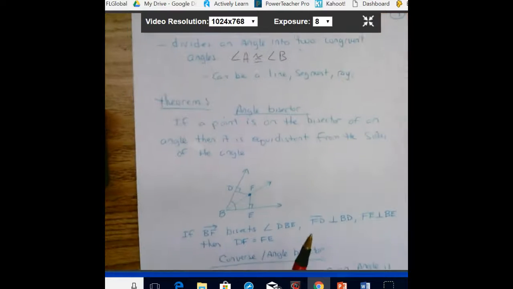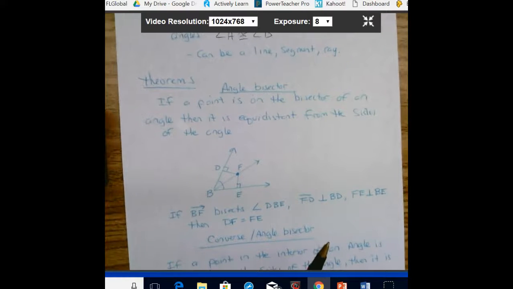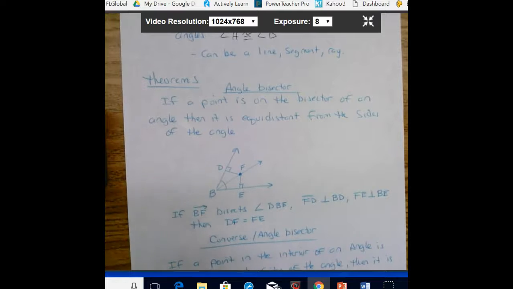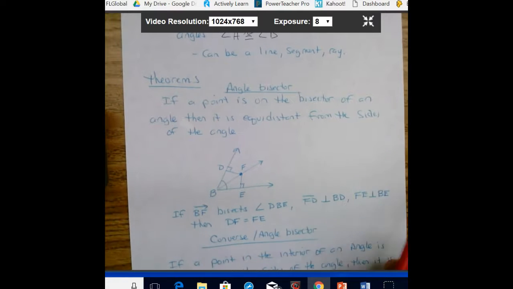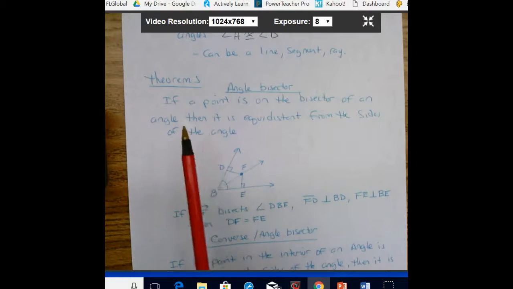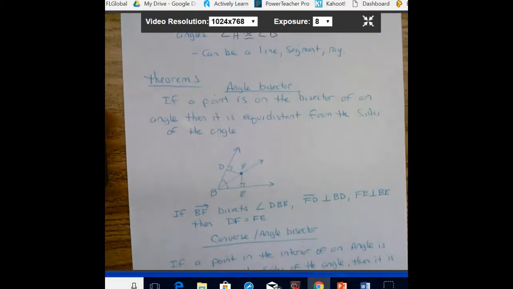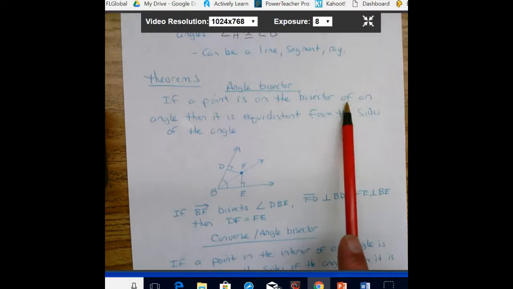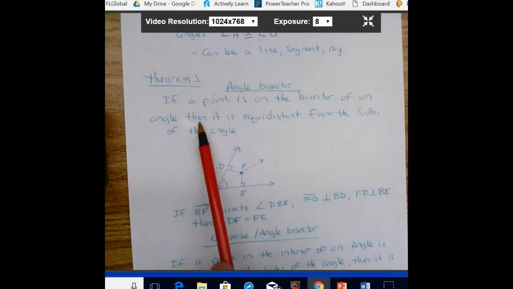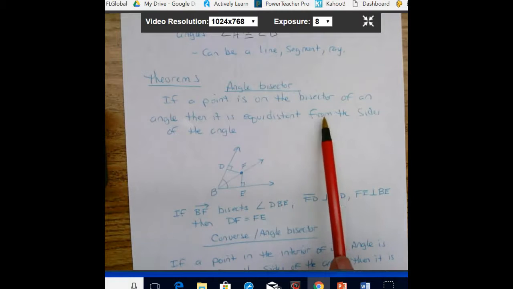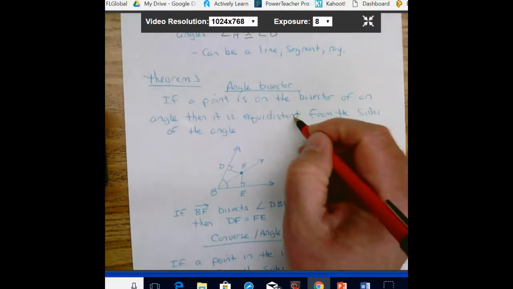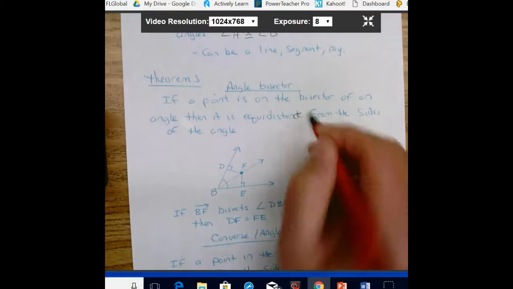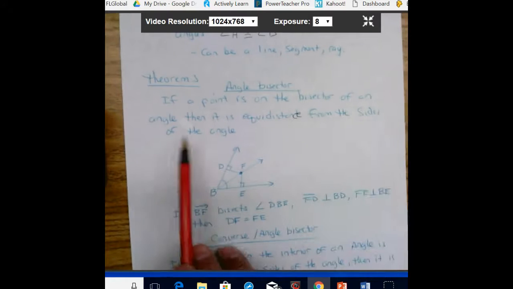Okay, there are some theorems that go along with that too, and these are kind of primary or rudimentary, so keep these in mind and we'll be building off of these. The angle bisector theorem is the first one. It says if a point is on the bisector of an angle, then it is equidistant, an equal distance, from the sides of the angle.